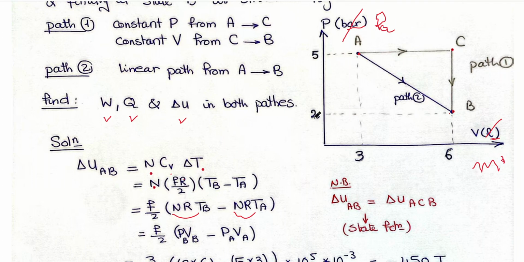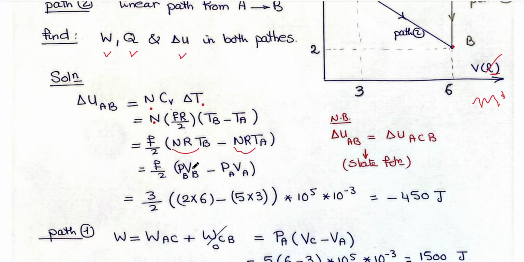So any given you take from this figure, you have to put it in Pascal and meter cube. That's why pressure at B is 2 and volume at B is 6, and pressure at A is 5 and volume at A is 3.